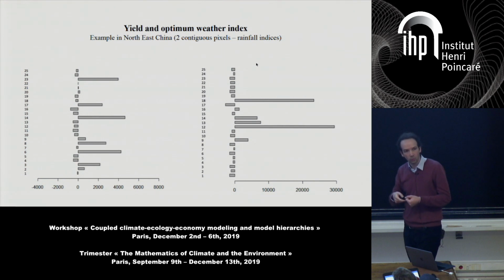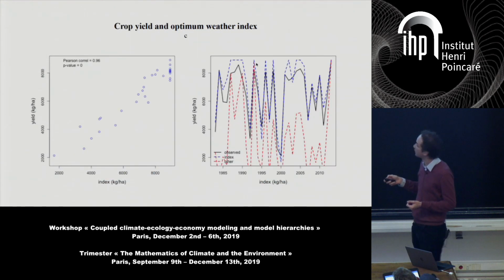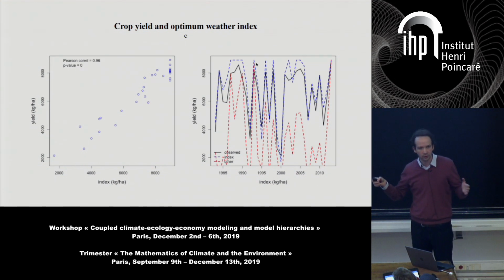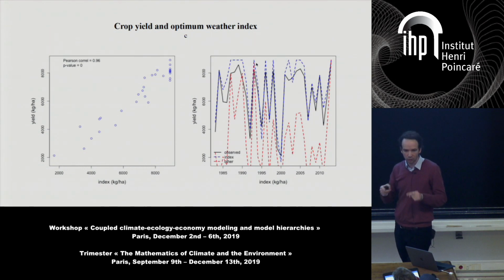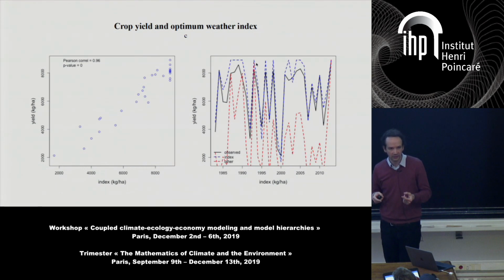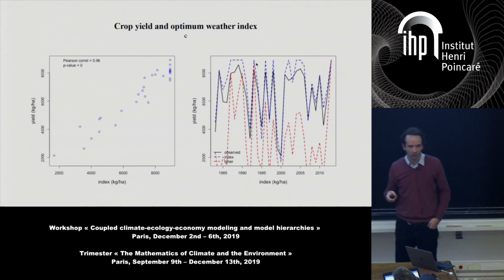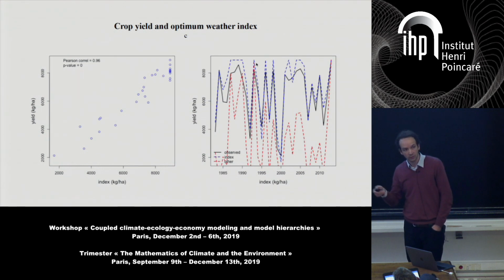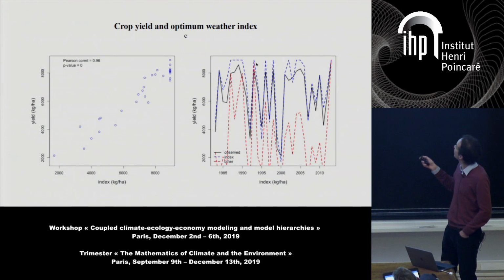So what we're doing in addition to taking globally averaged temperature is also putting a probability distribution around optimum weather indices to quantify the risk of loss and impact using historical data.